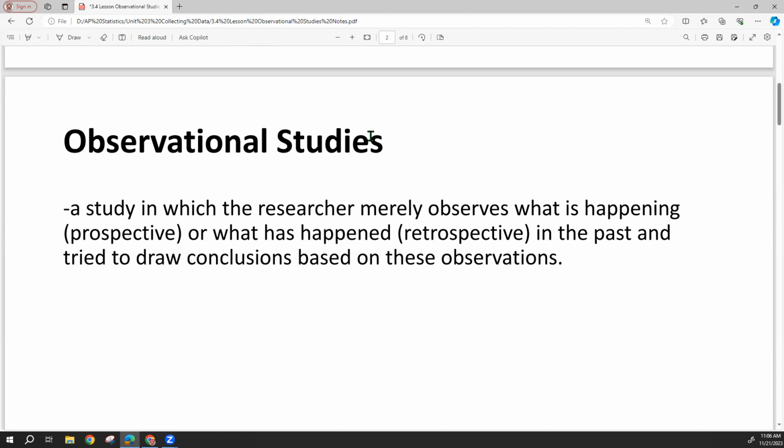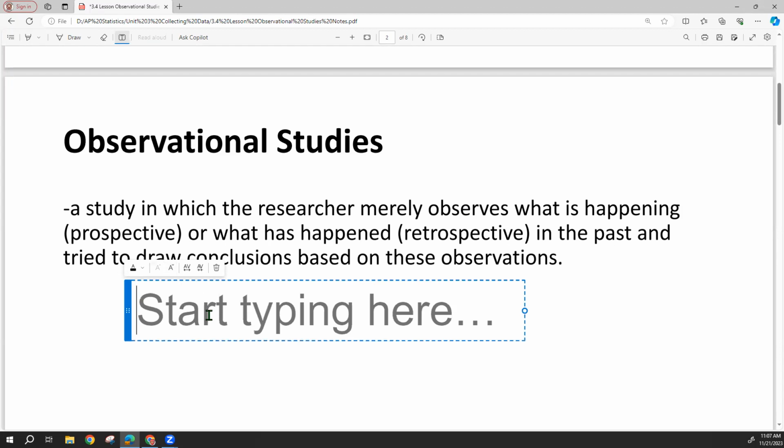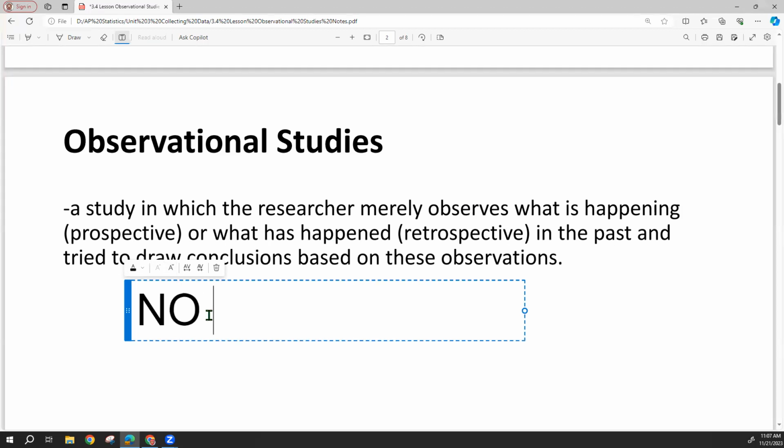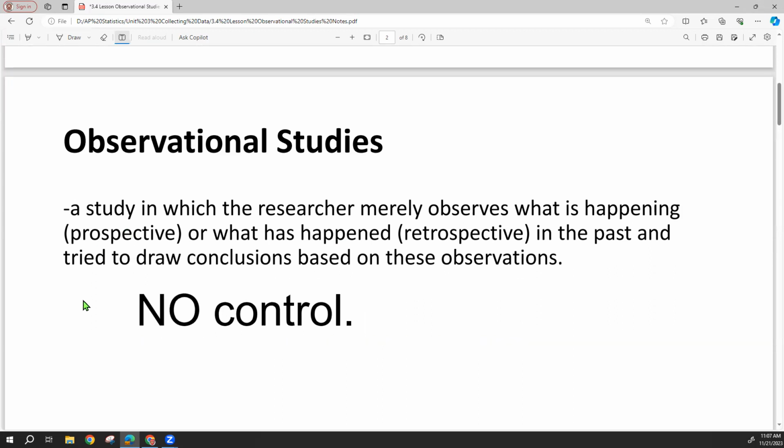We will talk about experiments in the next couple of lessons, and in experiments, we have some control over what happens, control over some of the variables. In an observational study, the most important thing to know is that there is no control element. So we are not influencing the conditions of the study at all. What we're doing is observing what is happening or what has happened.